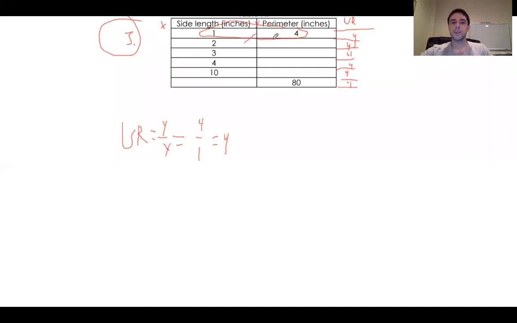So what is our perimeter if our side length is 2? Awesome, we already got a bunch of people on the correct answer. It is going to be 8. Sorry, that was not written the best way. What is our perimeter if our side length is 3?